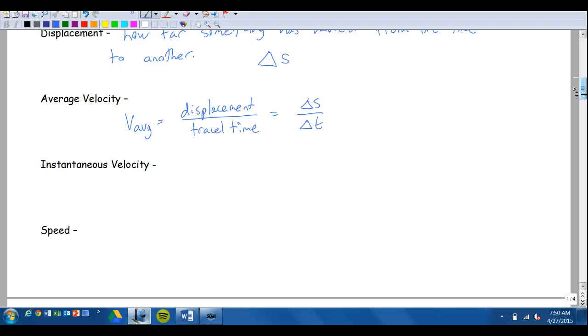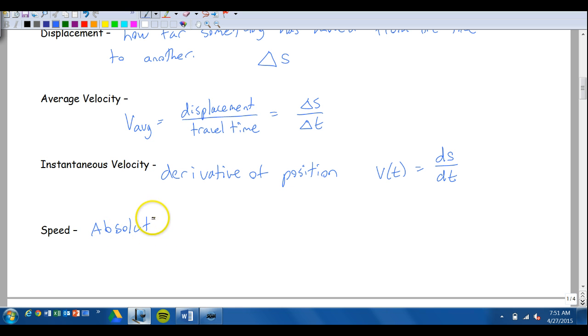Instantaneous velocity, though, again, instant means you're taking the derivative of position. And this will give you the speed at a point. It's not an average. So we would call that v of t is the derivative of position s with respect to t. And speed is the absolute value, because speed, remember, doesn't have a direction.